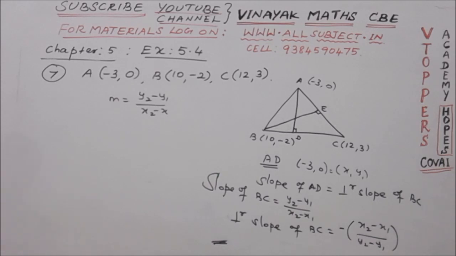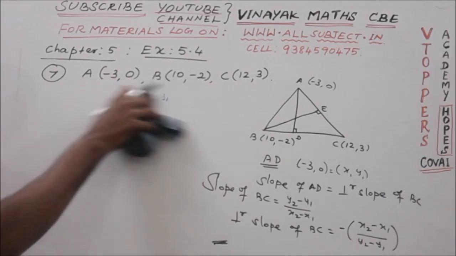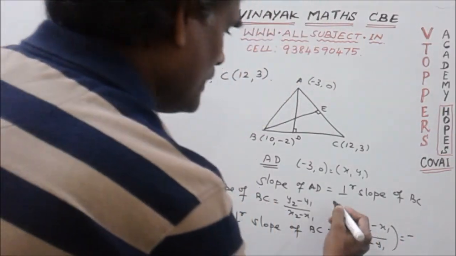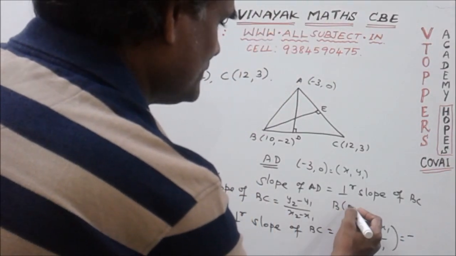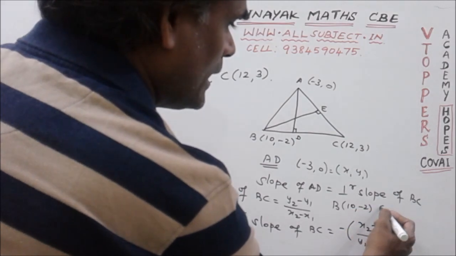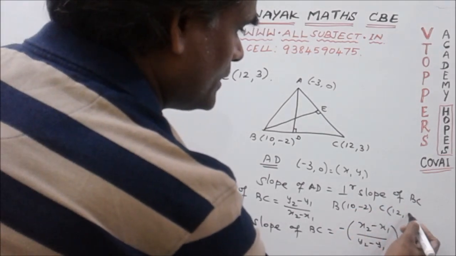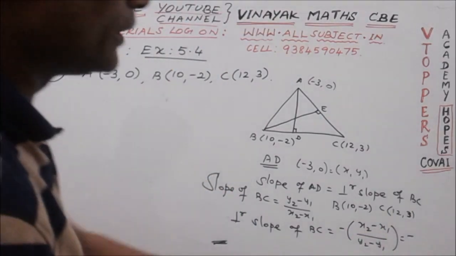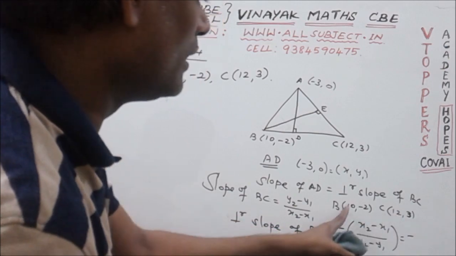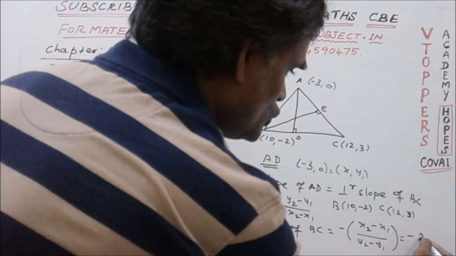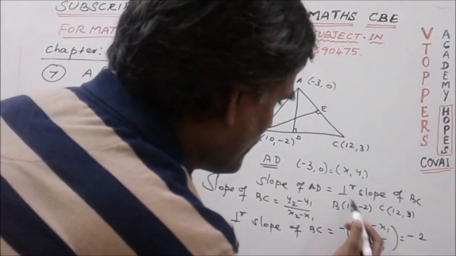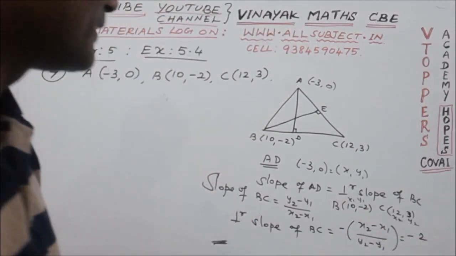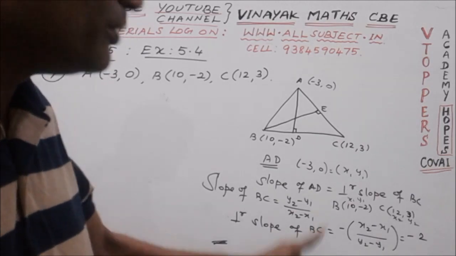Substituting here, B is 10 comma minus 2 and C is 12 comma 3. This is x1 y1 and x2 y2.